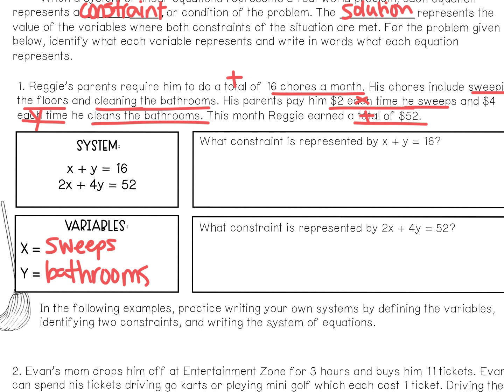So the number of times he sweeps and the number of times he cleans the bathroom equals 16. And we know that 16 is chores when we look up here at the top. So what is the condition? This is the total number of chores he does or he completes.